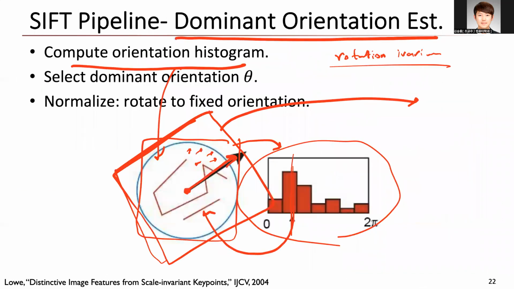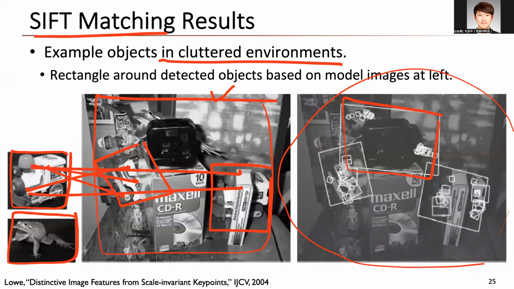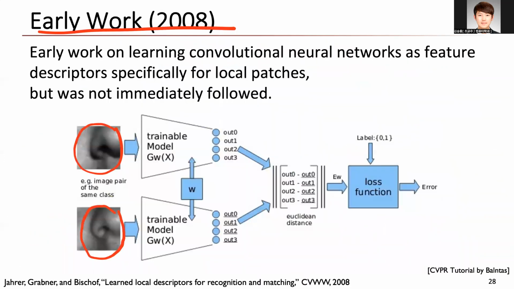And in 2008, there was one attempt to formulate this similarity function between two patches as a neural network, but the performance was very limited compared to the fifth paper, so it did not receive any spotlight or whatever, but it was the first attempt to use a neural network.